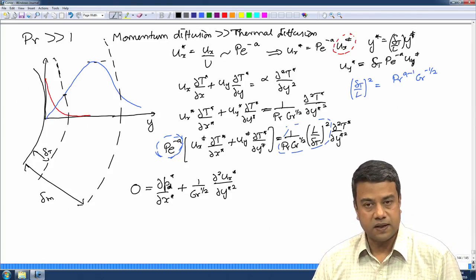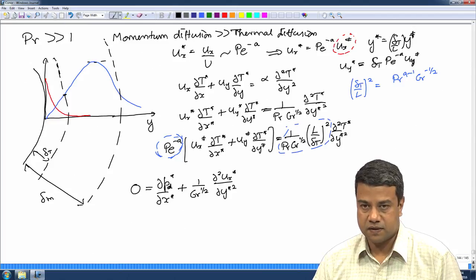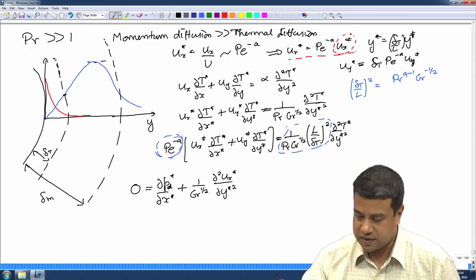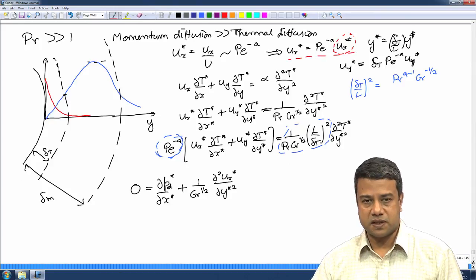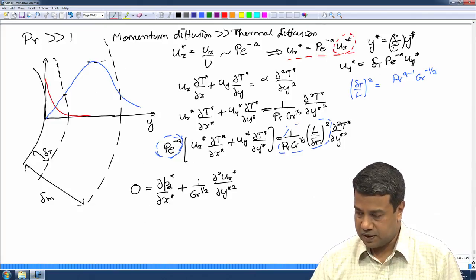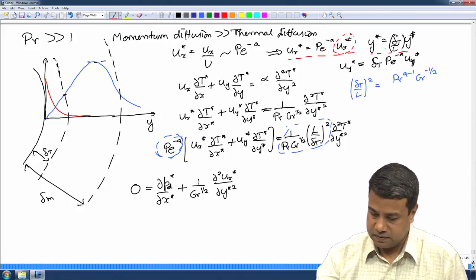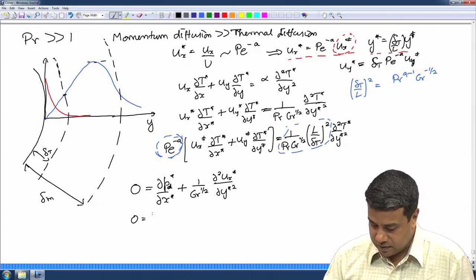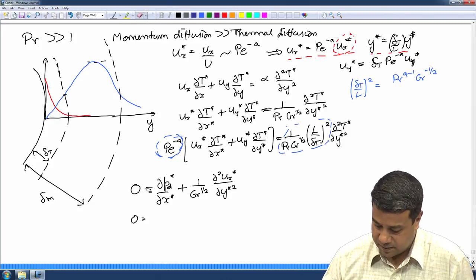Now, I express ux star and y star in terms of the scaled velocity, because I know it has to be much smaller than the velocity in the momentum boundary layer, as well as this thickness. So, 0 will be equal to, there should be a negative sign, my apologies.